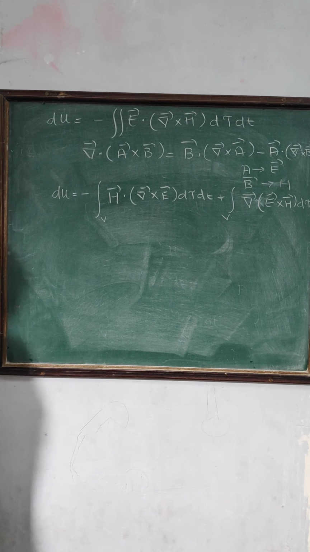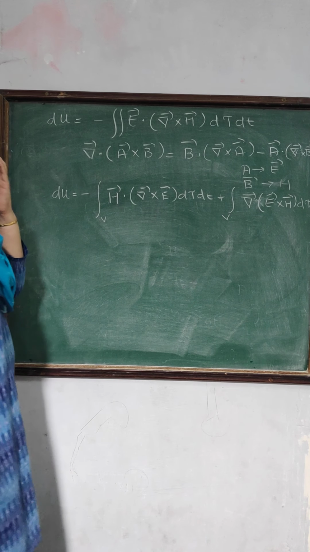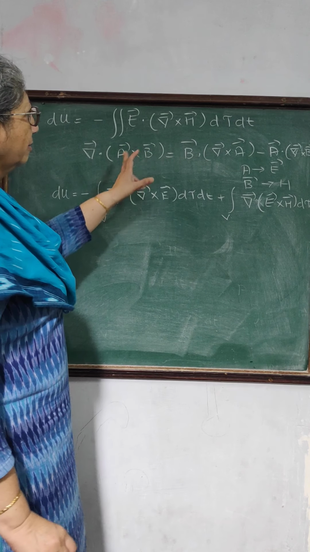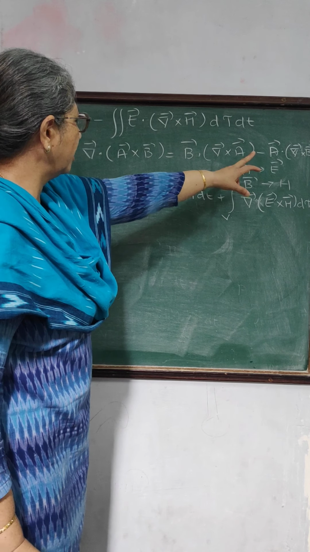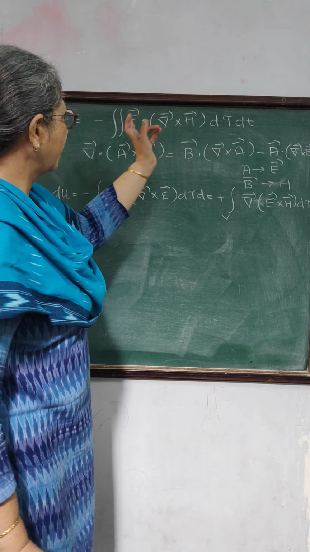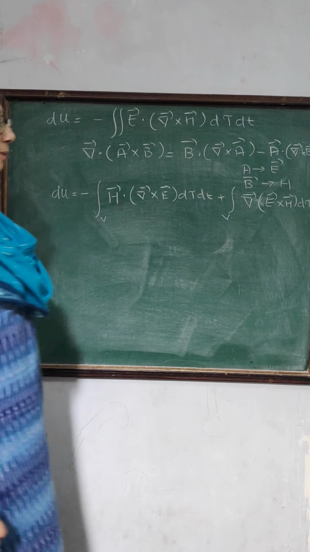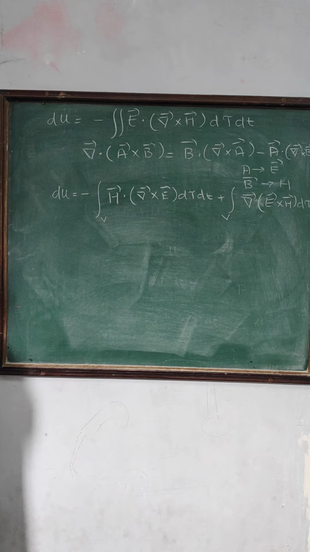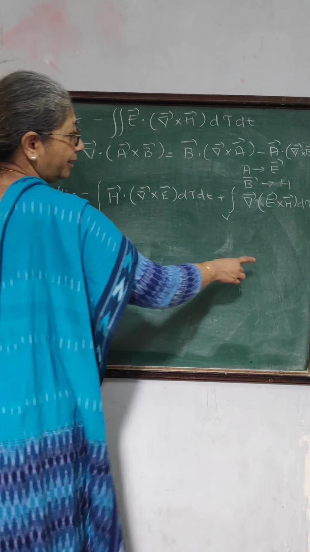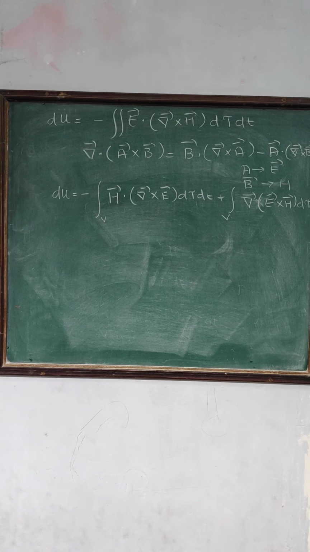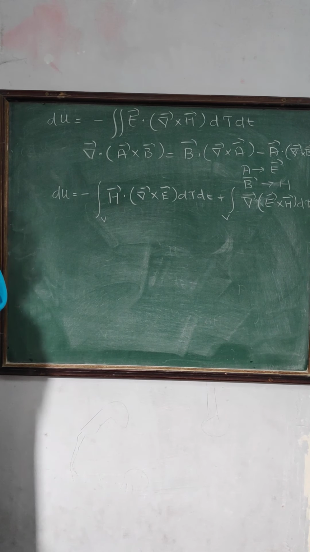Instead of E, I will be writing down A cross B. So this is E and this is a minus sign, so I take this on the other side. This will remain plus and this will become minus. Now we convert this volume integral into a surface integral using the divergence theorem.